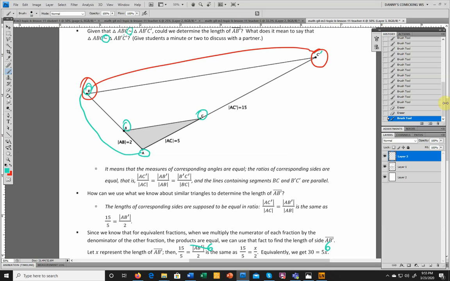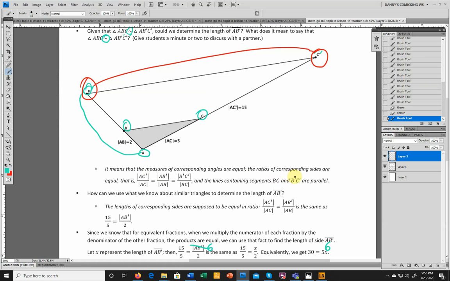So what it means is that the measures of corresponding angles are equal. Corresponding angles means the angles that create the shape. The angles are equal to each other. They correspond.